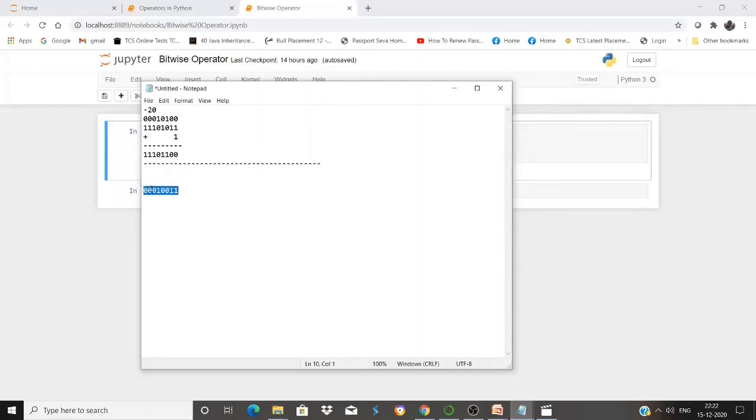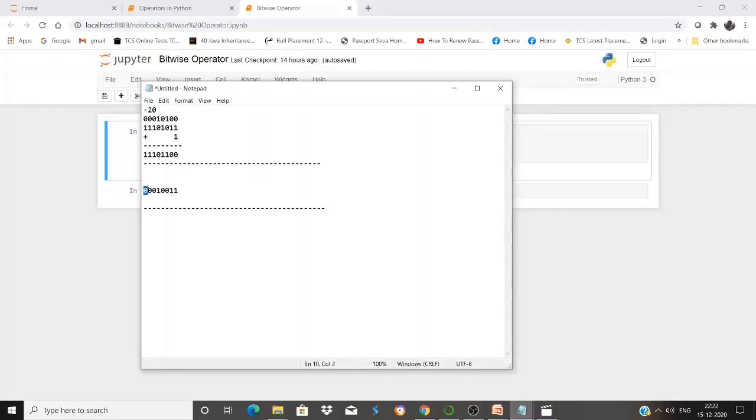Now we have to convert this binary output to decimal. From this binary output, what do you think? Will this be a positive decimal or a negative decimal? As I mentioned previously also, you have to check the most significant bit, that is the leftmost bit. Here the leftmost bit is 0.